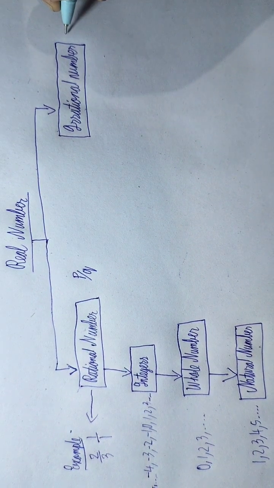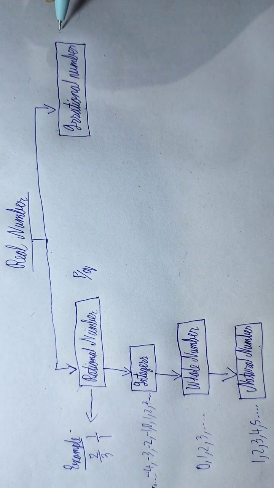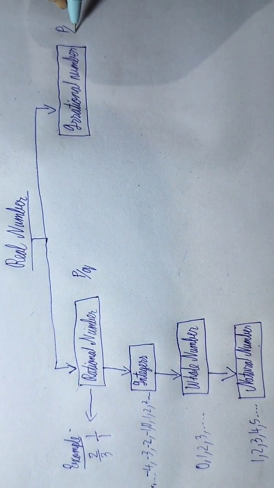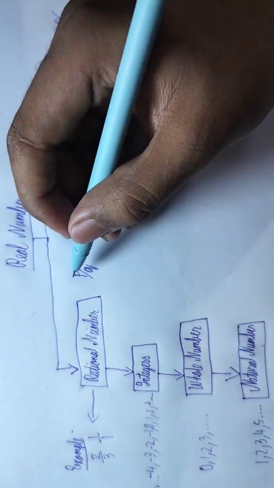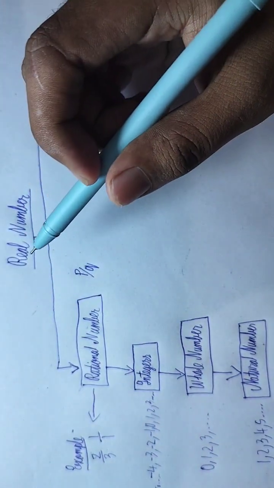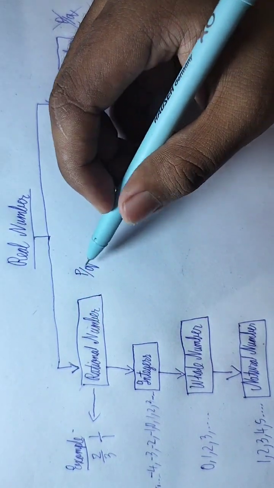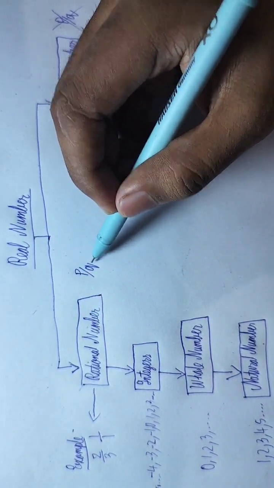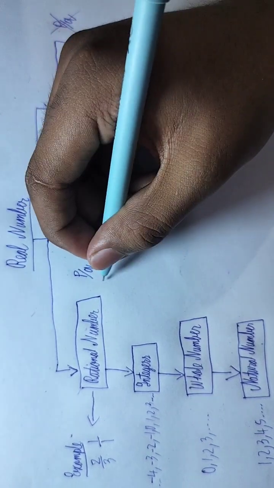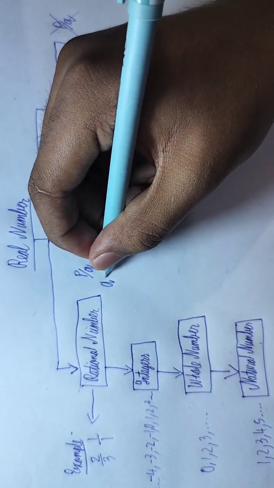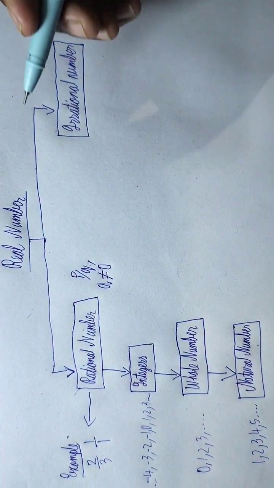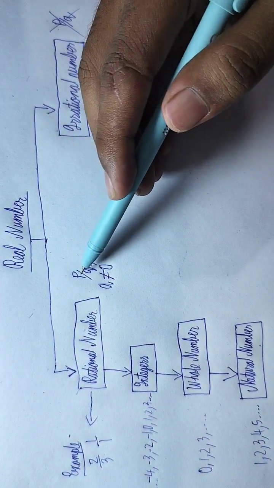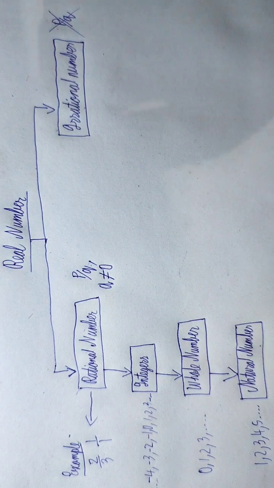I forgot one point. In rational number, q must not be equal to 0. This is the main point. P may be 0, but q can't be 0.